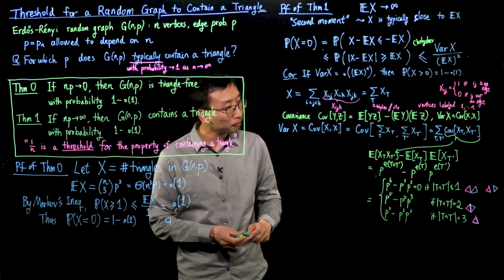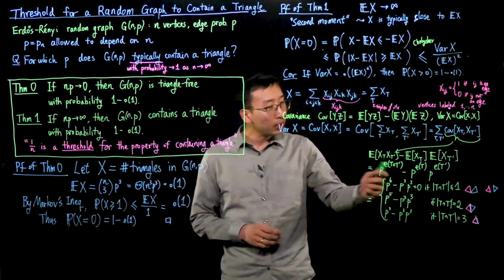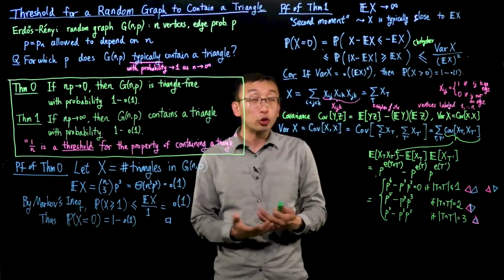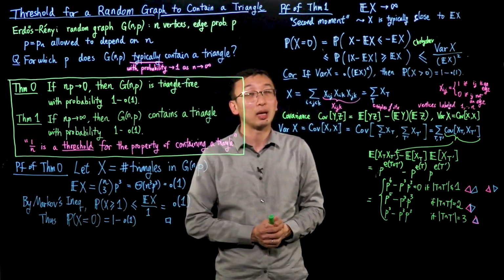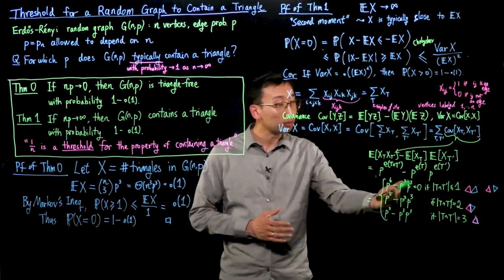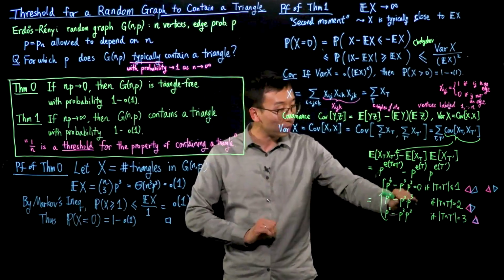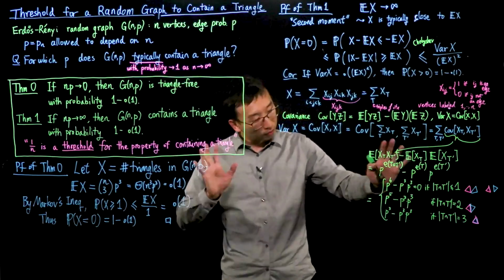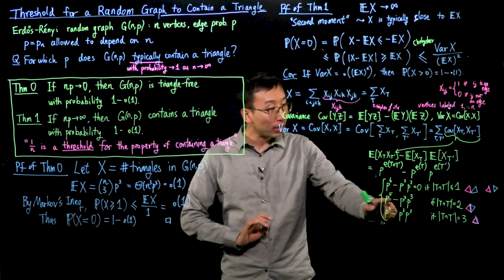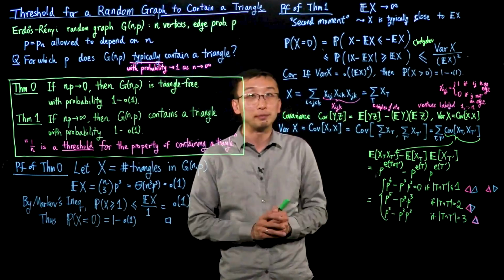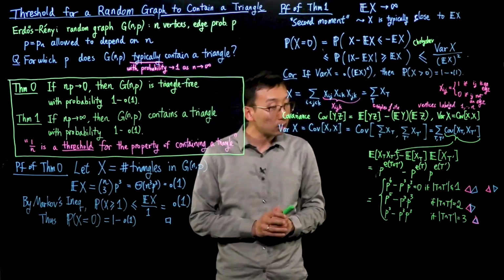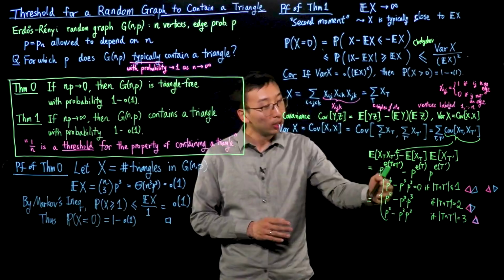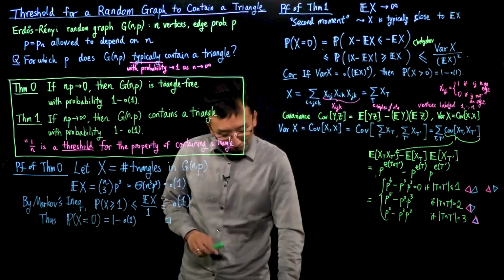Recall that p is some quantity that, for now, you can think of as going to 0, so that the first term is always dominant. Even if p is constant, up to a constant factor, the first term is still dominant.